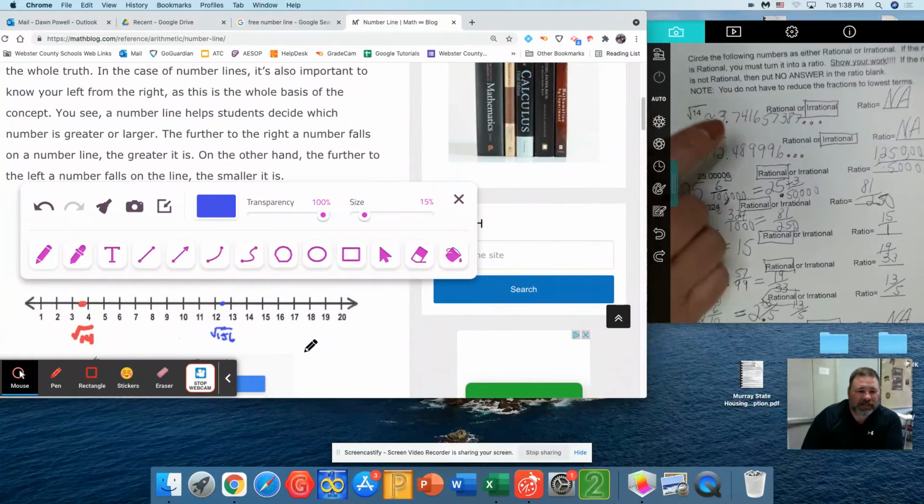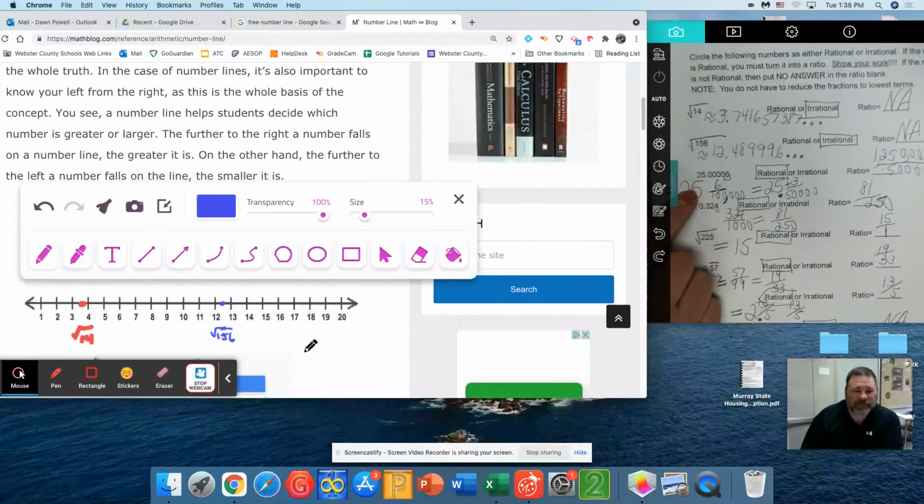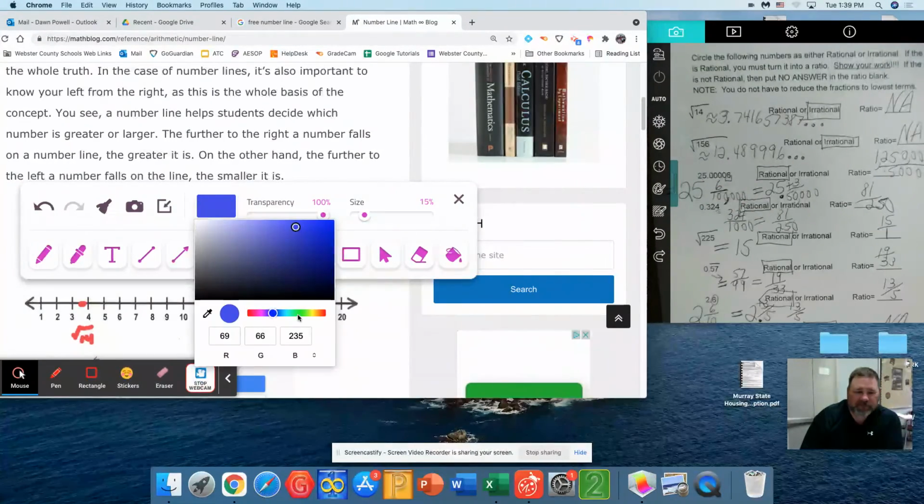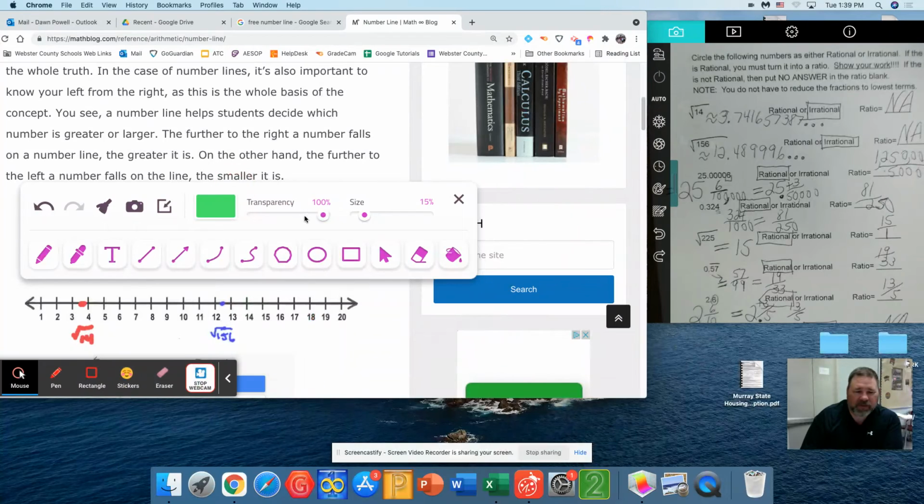Now, unfortunately, the number line that you have, we can't do 25.006, which I guess you could if you went to the very end and made your number line a little bit longer. So what you're saying is it's a little over 25, but our number line only goes to 20 here. So I'd have to extend it. 1, 2, 3, 4, 5.